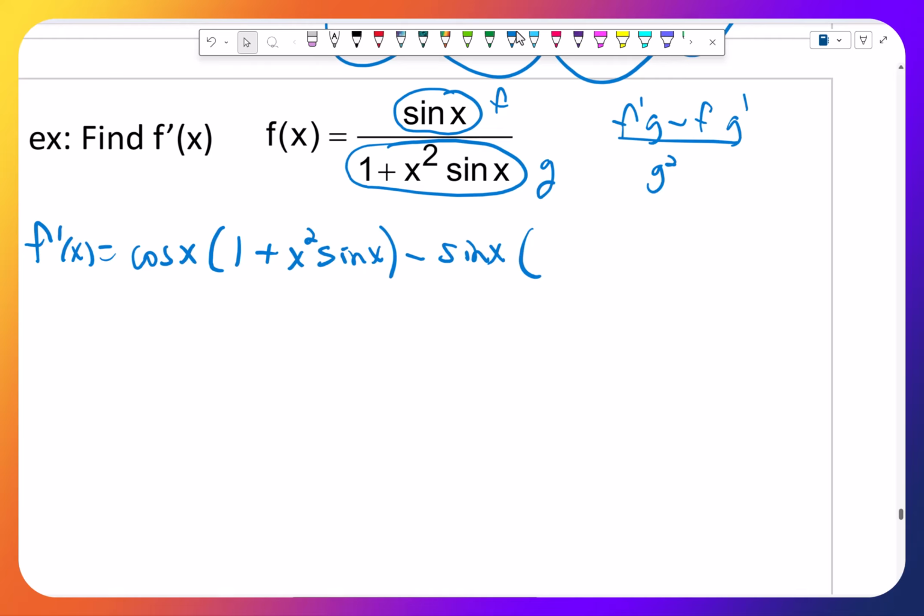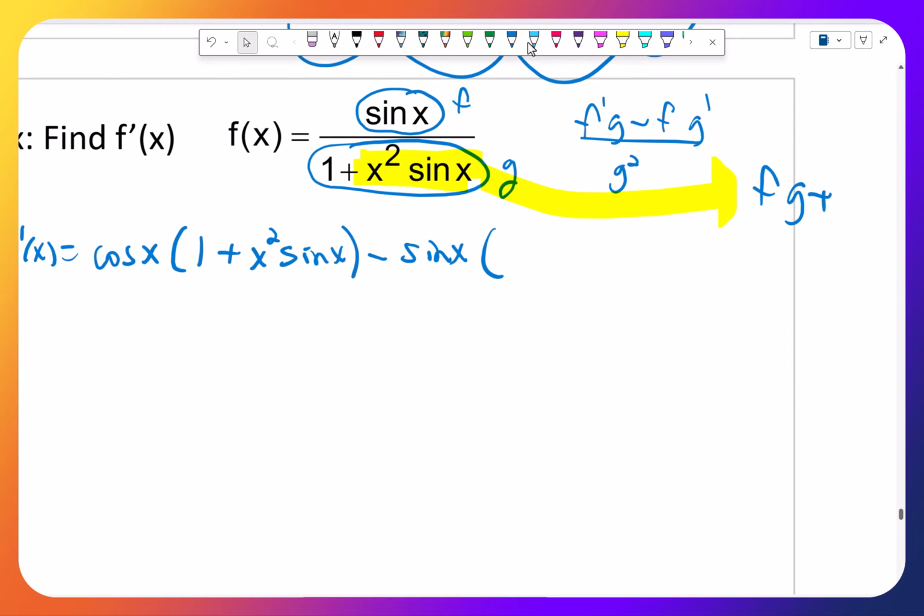The derivative of 1 is 0, but the derivative of this is a product rule, right? That's a product. And I'm going to just put over to the side, that's F'G plus FG', first things first, second things second. Okay, so we're doing the product rule inside of the quotient rule.